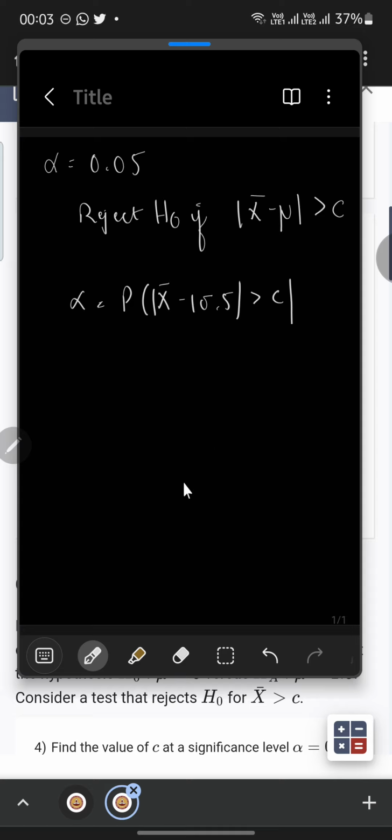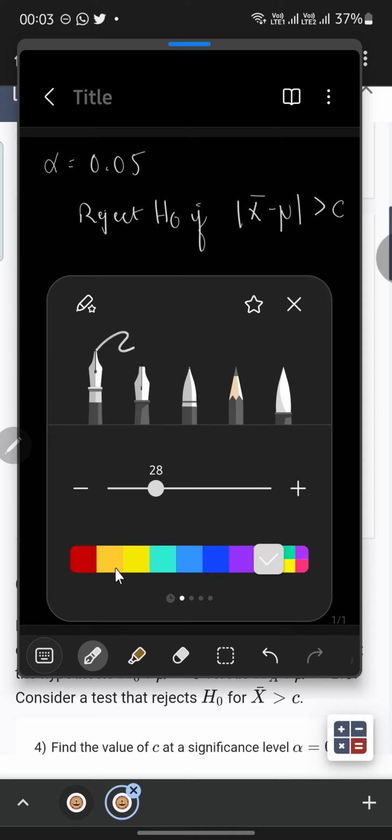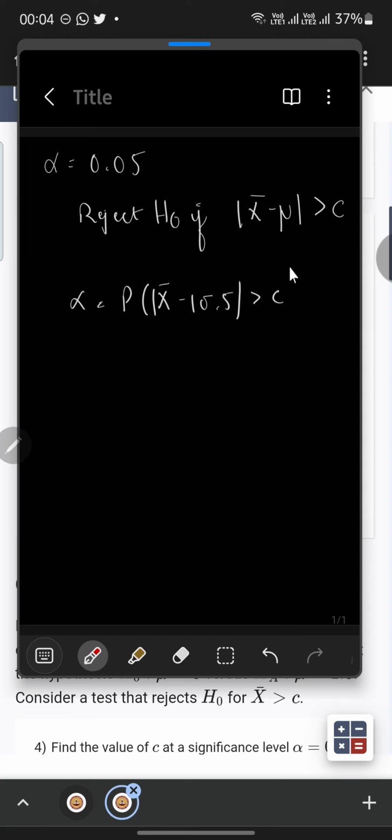I hope you get this. Let me just use another pen for the conditional: conditioned on mu equals 10.5, right? Perfect.